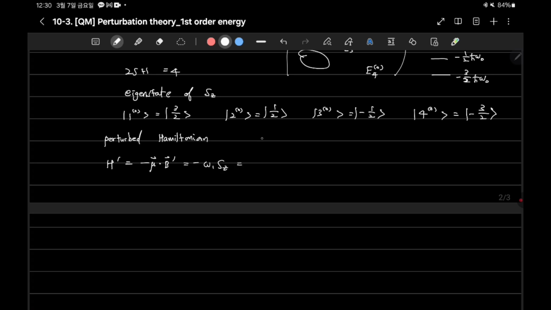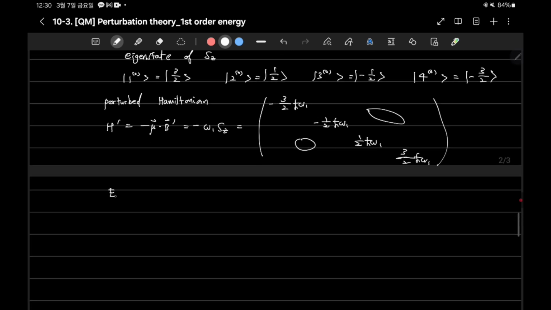Then it is minus 3/2 h bar omega 1, minus 1/2 h bar omega 1, 1/2 h bar omega 1, and 3/2 h bar omega 1, and it is also diagonalized.